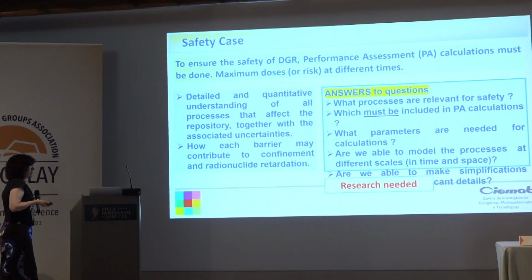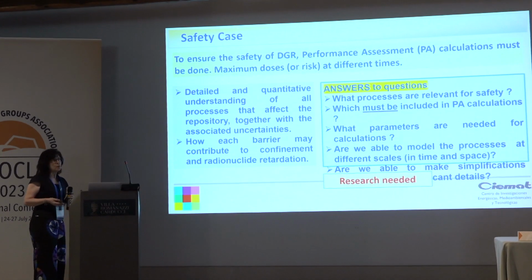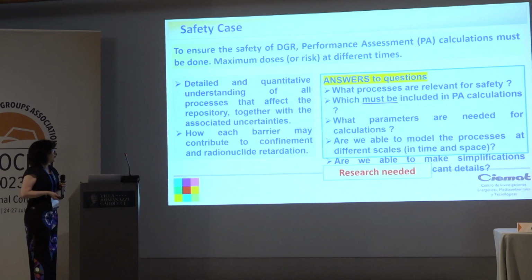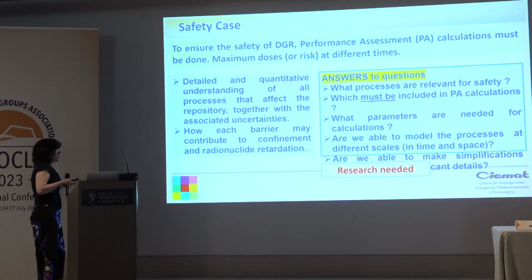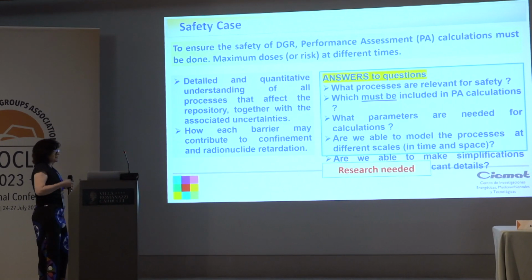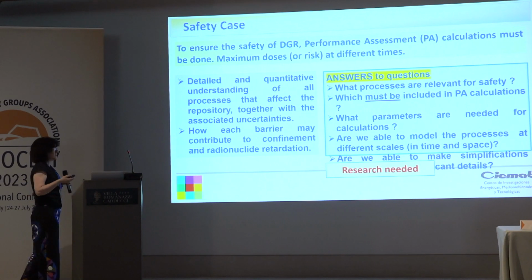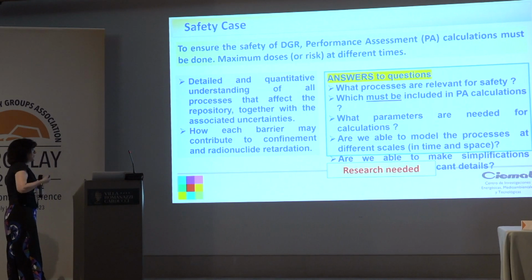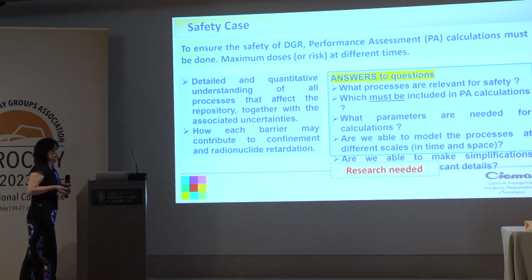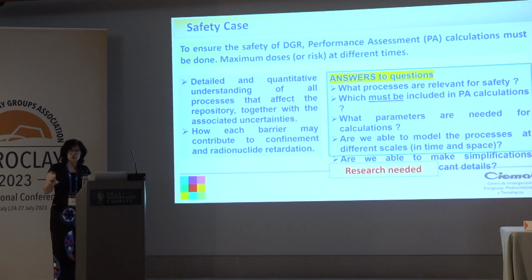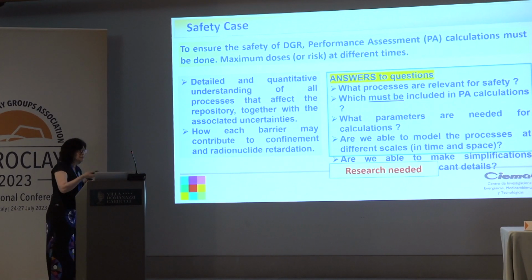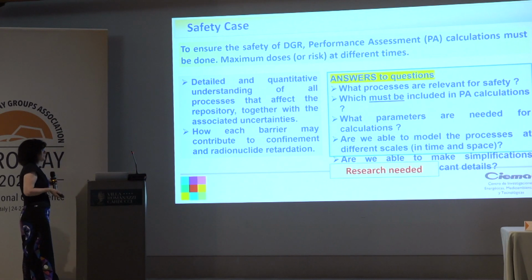What parameters are needed for the calculation and how can we obtain them? And after that, are we able to model all these processes at different scales in time and space? And are we able to make simplifications without a loss of significant details? This is basically the concept of simplification.